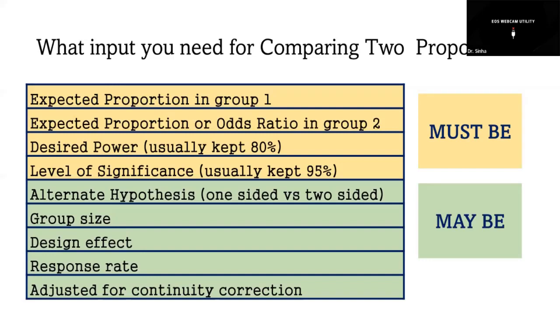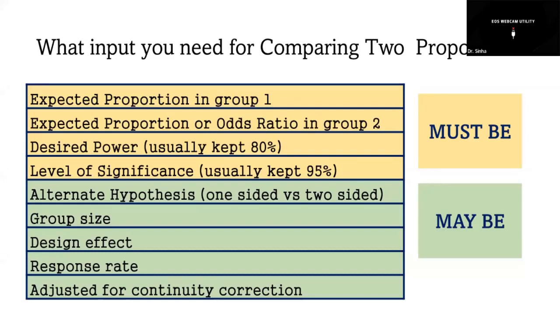Then group size means how many males and females you have to take. The design effect and response rate are the same, which we have seen in the one proportion. And then in continuity correction, we will see, because for a categorical variable, we are using the Z distribution.